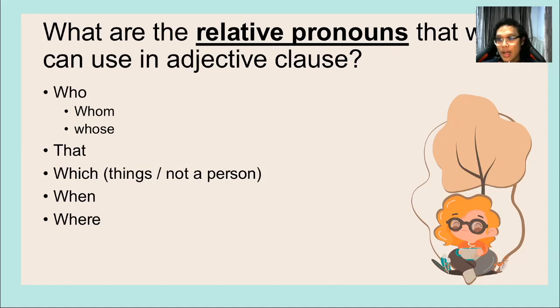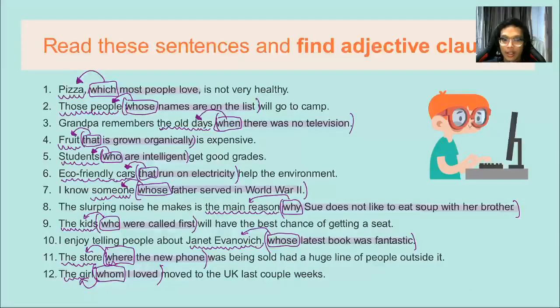For now, I'm going to introduce some relative pronouns that we can use in the sentences right here, in the circle thing that we did. When we want to describe, refer to, or give more details about a noun, we can use these words. For example, in the first sentence, what do we use?